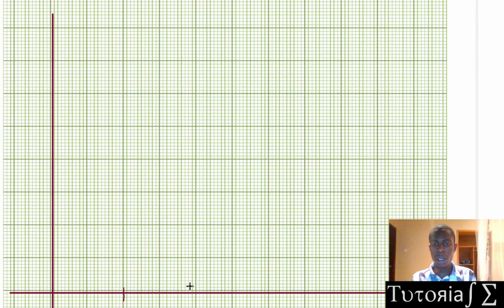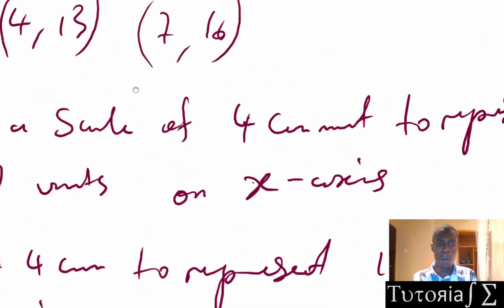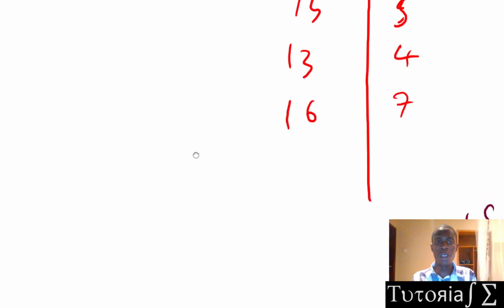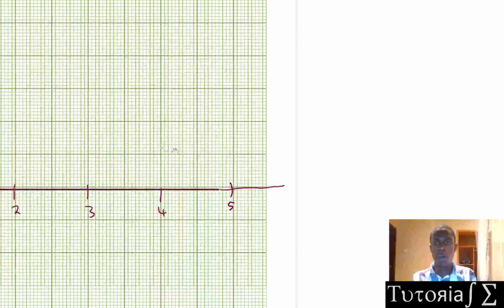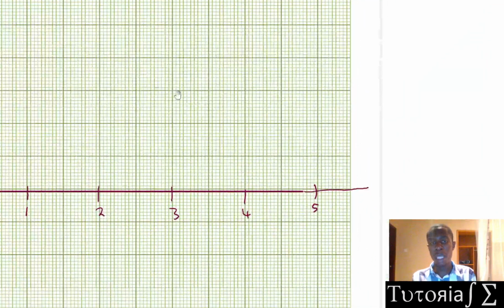So this is 1, 2, 3, 4, 5. And on this axis, we're using 4 centimeters to represent 10 units. So this is 10 and 20. Okay, now we need to plot the points.